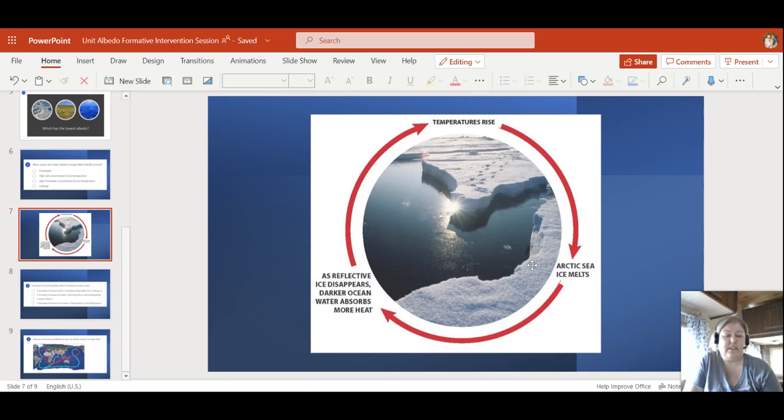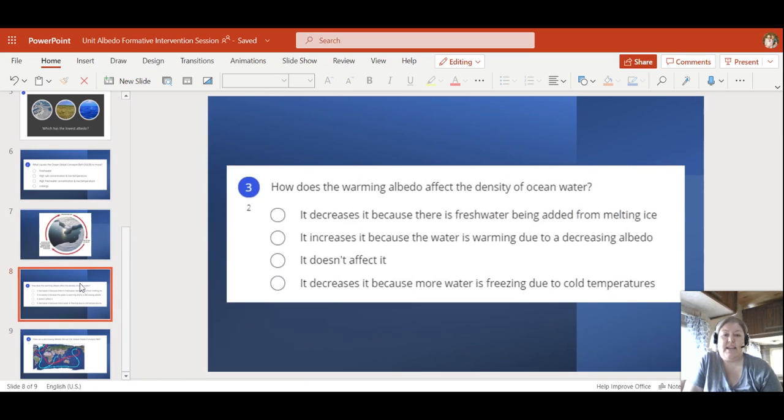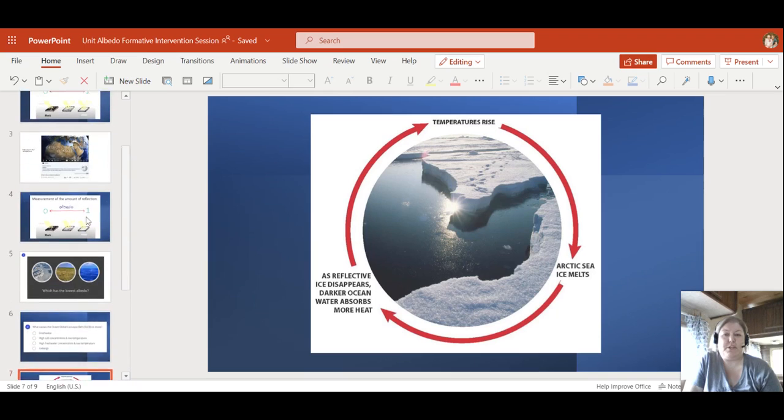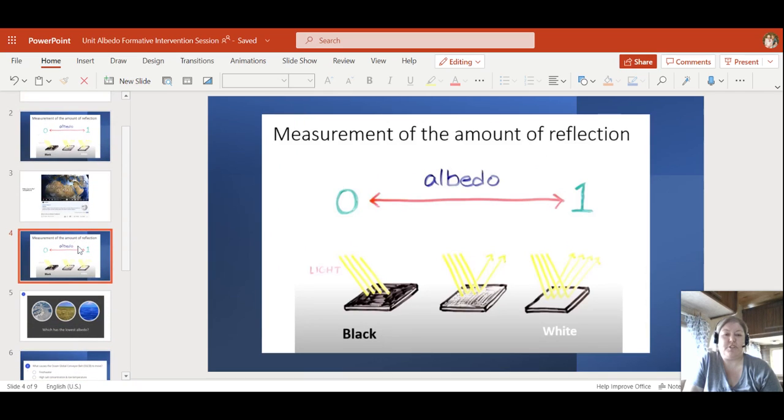Does that do anything at this point? Does it have to do with albedo? It decreases it because the water is warming due to the decreasing albedo. Okay, so remember we can go back to our albedo chart. Decreasing albedo is moving down towards zero, which means it's getting darker.